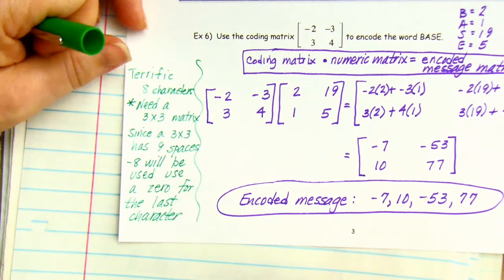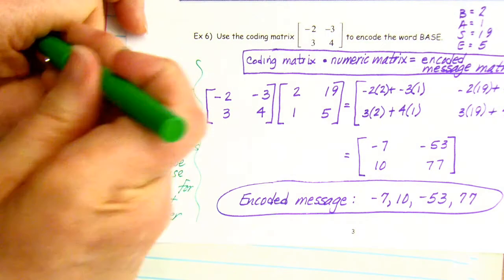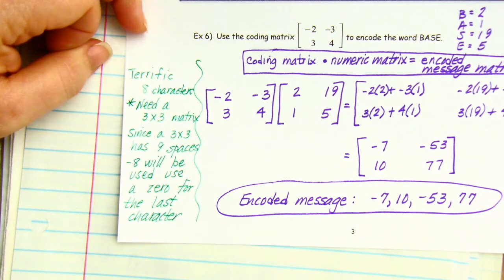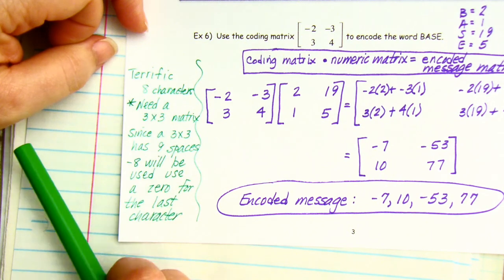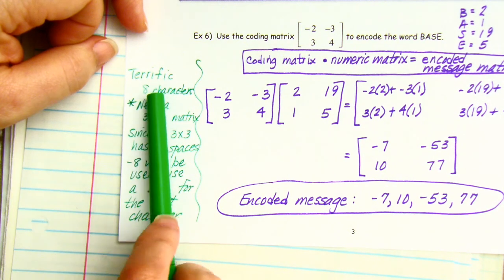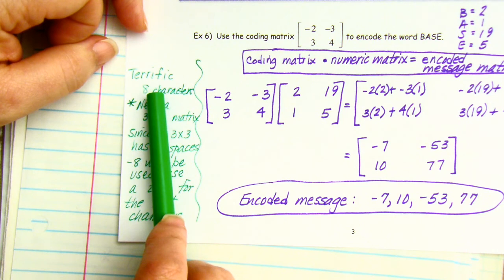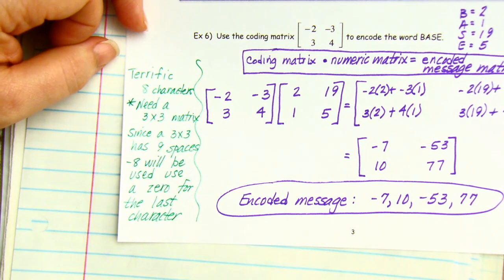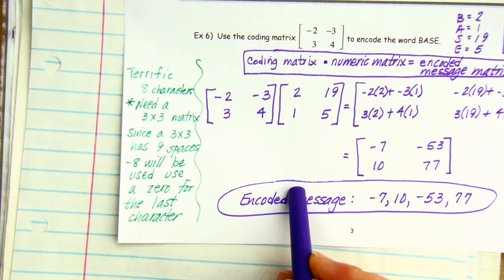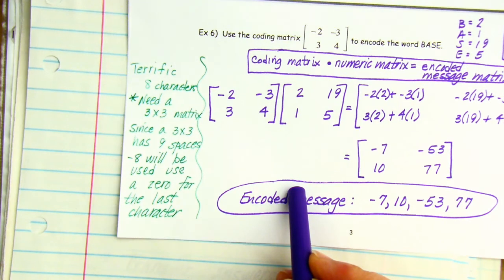So it just depends on how many values you need in your matrix. Okay, so you have to count them. If it is a phrase, then you have to use spaces, and then you're going to use zeros in between. Okay, so if you have any questions on that, let me know. I'm going to go to side 2.